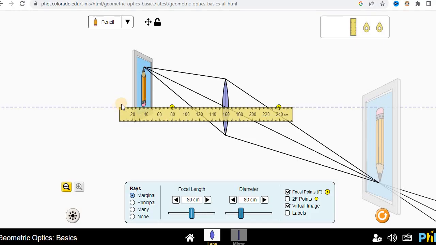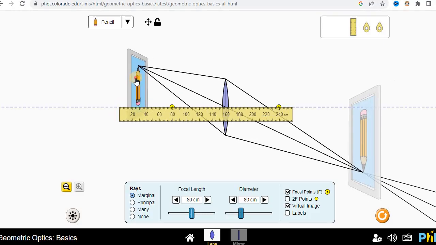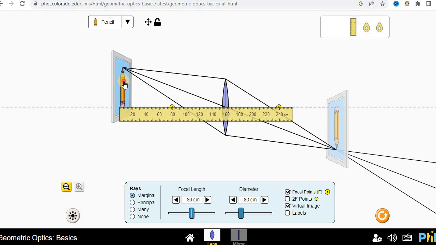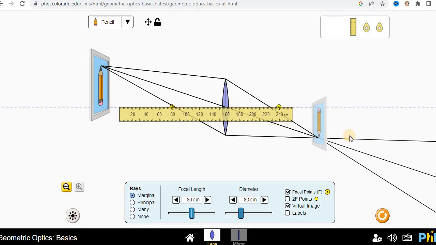If you draw a dot there to show 2 focal length distance, then if you move this to that point, exactly 2 focal lengths away, then this will be the same size as the object. Object and image will be the same size then. If you move it more than 2 focal lengths, then the image will become smaller than the object.